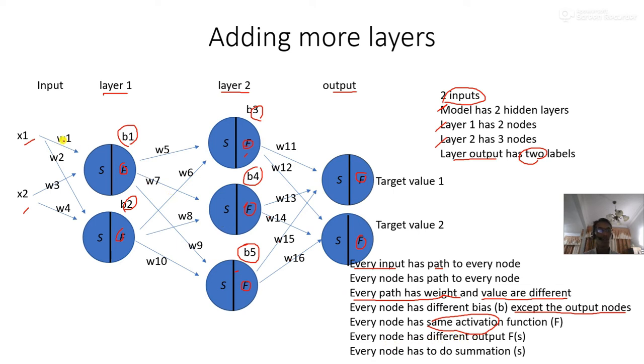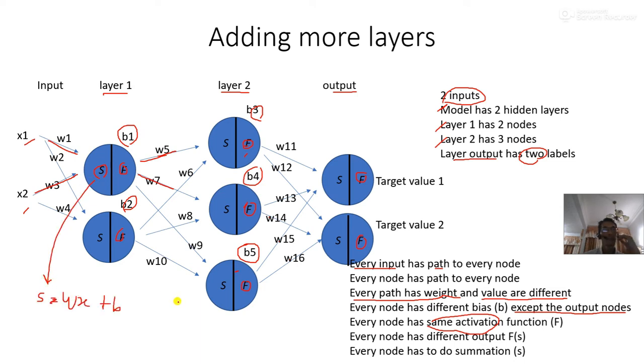Since you have different weights, you get different outputs. This one comes here to this one and this one. The output is the same function, but different for each node. The node has to compute the summation s.